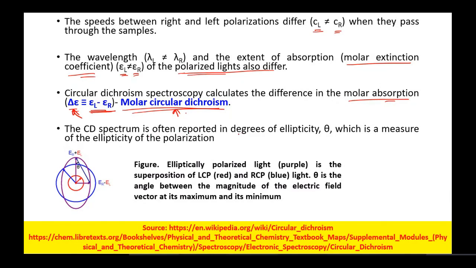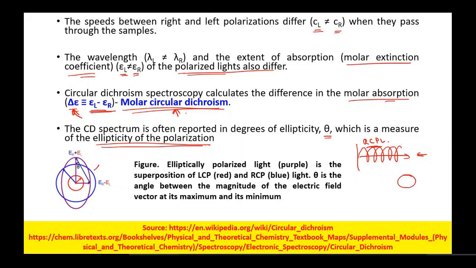The CD spectrum is often reported in degrees of ellipticity, which is a measure of the ellipticity of the polarization. Okay, so what happens is that if you see from the direction opposite to the propagation, looking into the RCPL from the right hand side, you will find that it is having a circle.